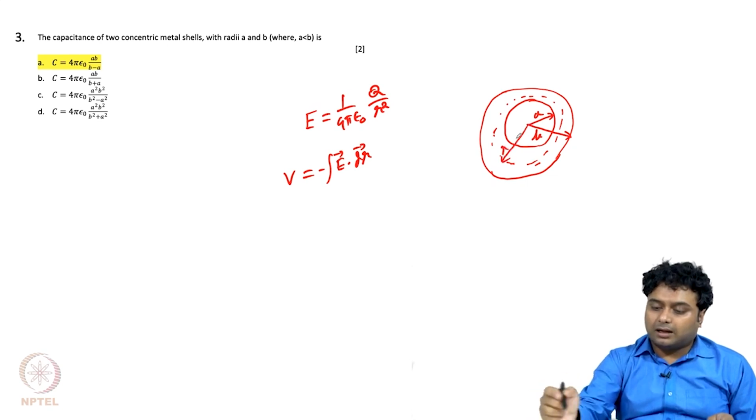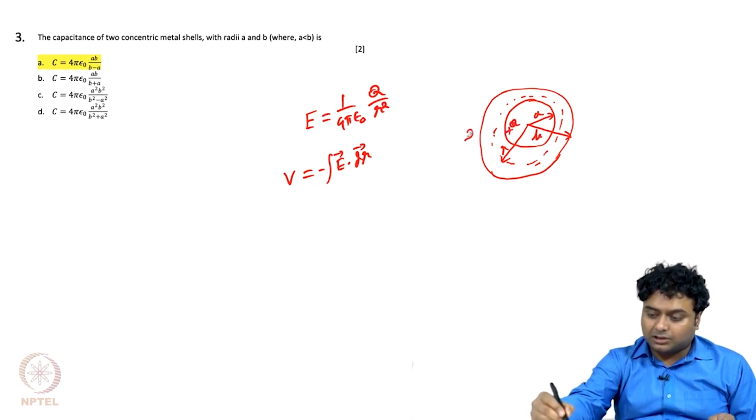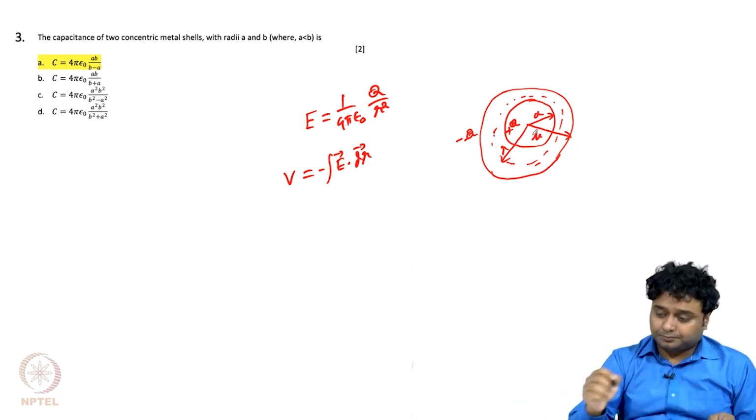So at a position r the electric field is 1 by 4 pi epsilon naught times q by r square, where let us say if plus q is here, then minus q charge is on the outer sphere. So because of this charge separation, what potential has been generated? That we are calculating from this integration.